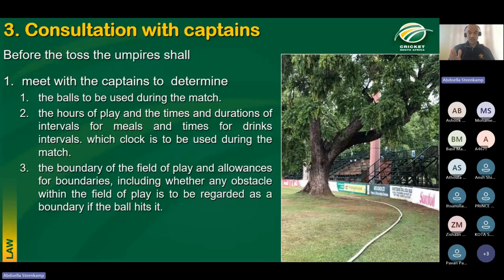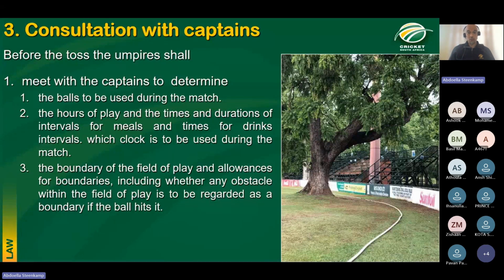But importantly, you need to discuss this before the toss. You cannot start the game and, let's say, there's a tree inside, or even rugby poles or soccer poles inside the field of play. Now the ball hits the soccer poles or rugby poles, and everyone is looking at each other, everyone looking at the umpire. What are we going to do?